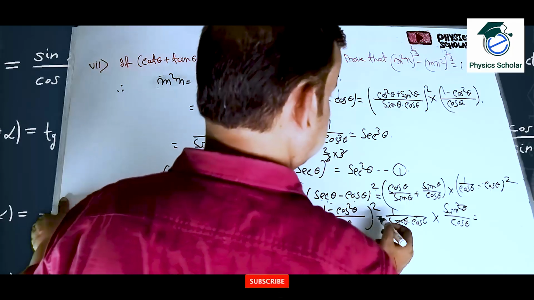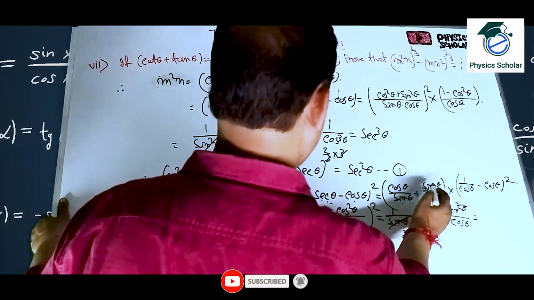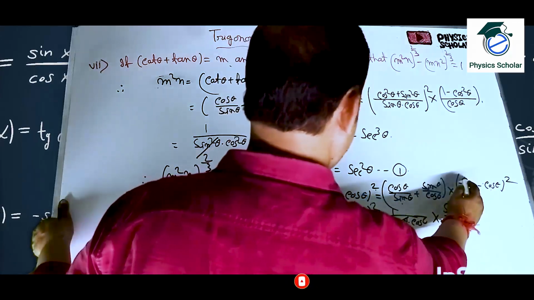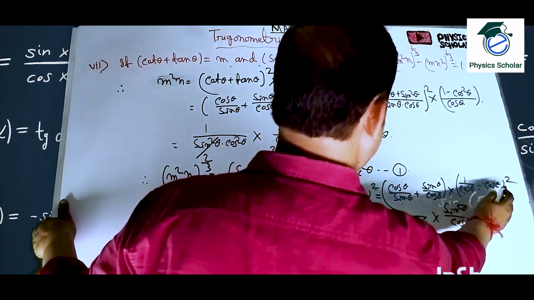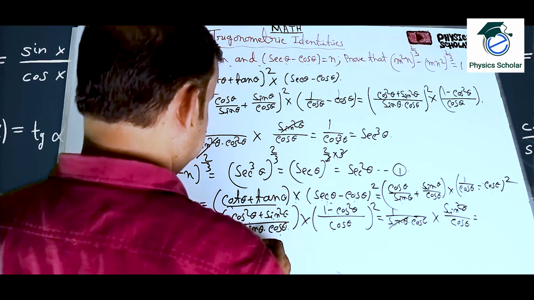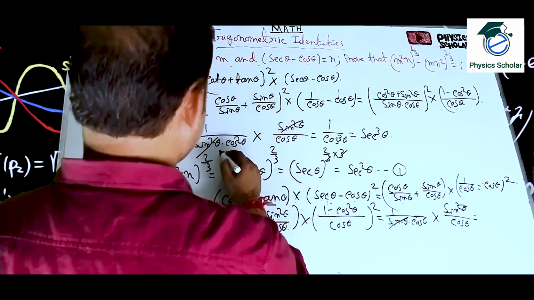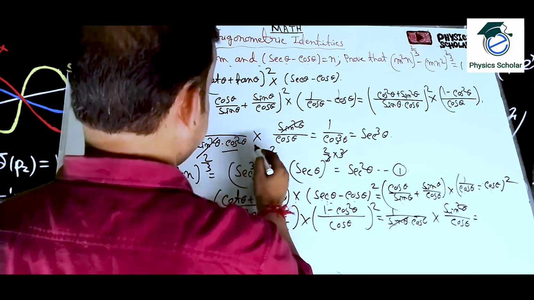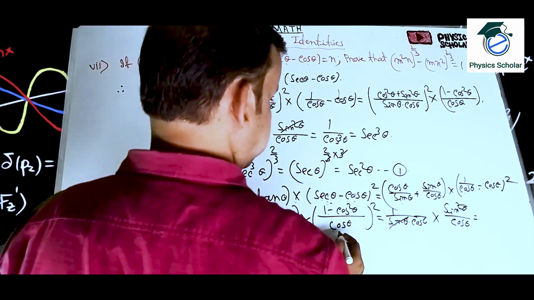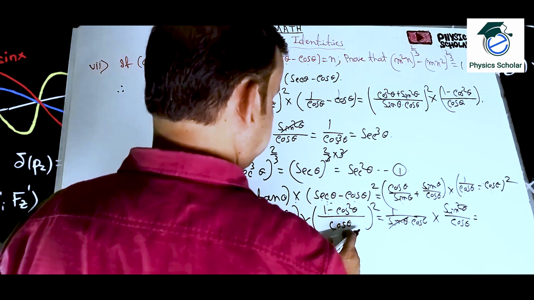So cos theta by sin theta plus sin theta by cos theta into sec theta means 1 by cos theta minus cos theta whole square. Now cos square theta plus sin square theta by sin theta cos theta, and then 1 minus cos square theta by cos theta.